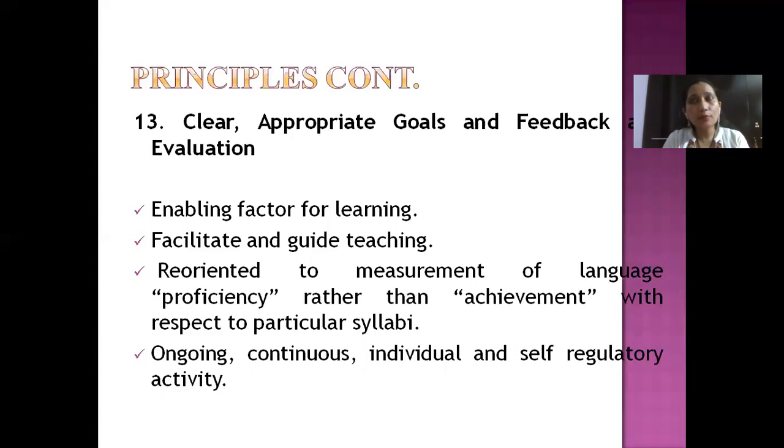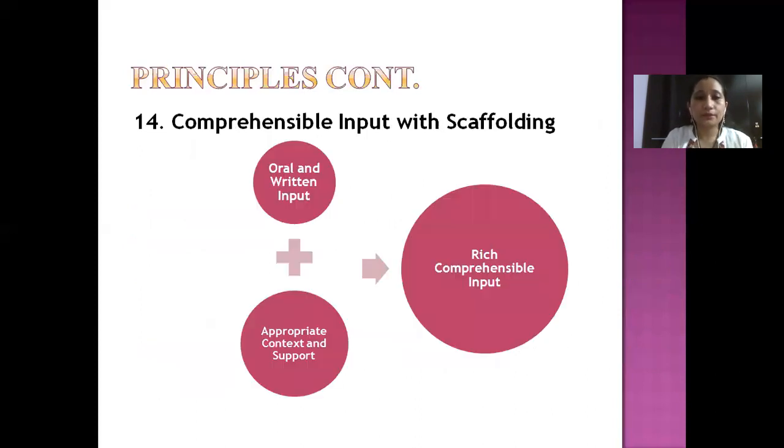That is, age appropriate texts, materials, topics, etc. The second point to note down here is that feedback needs to become a self-regulatory activity. That is, in developmentally appropriate ways, teachers should encourage learners to begin to evaluate their own progress so that they become independent, self-motivated and lifelong learners.